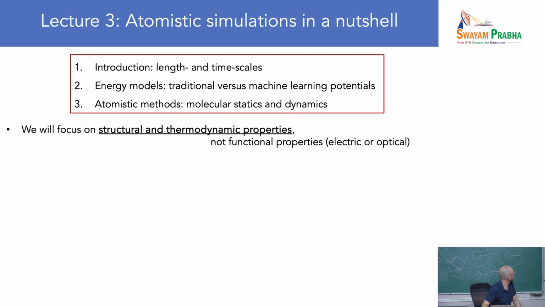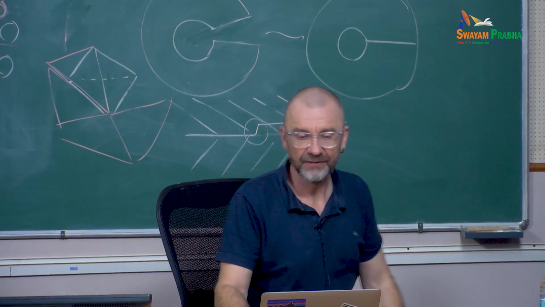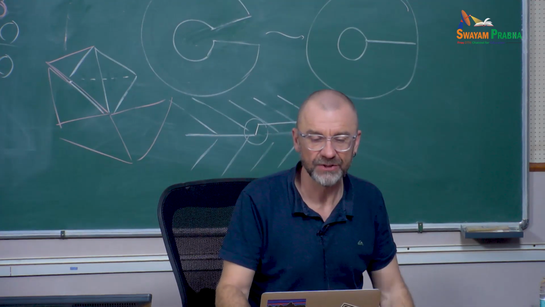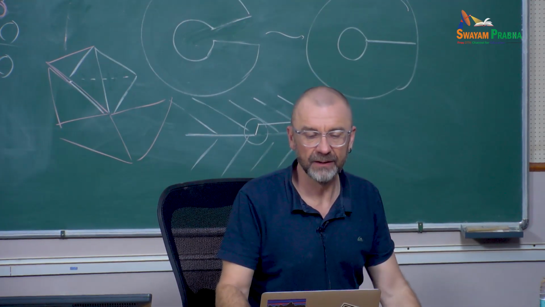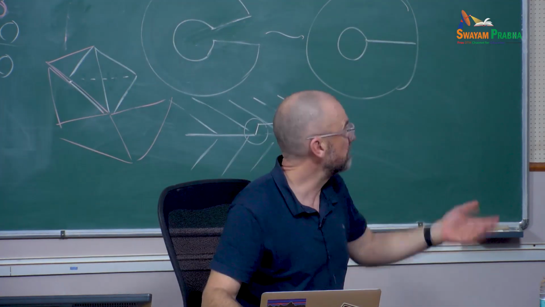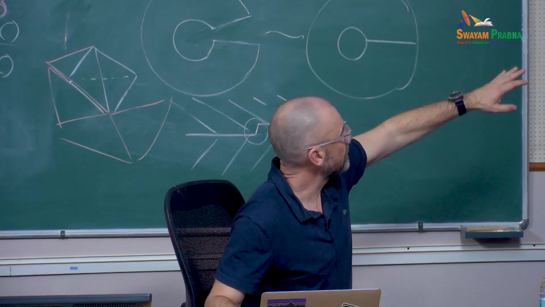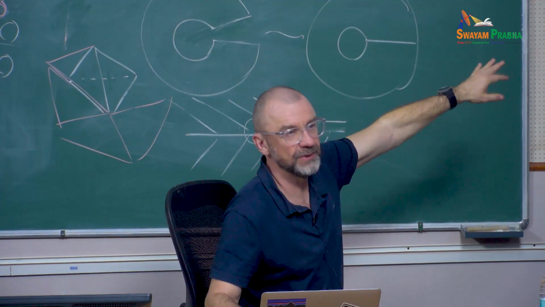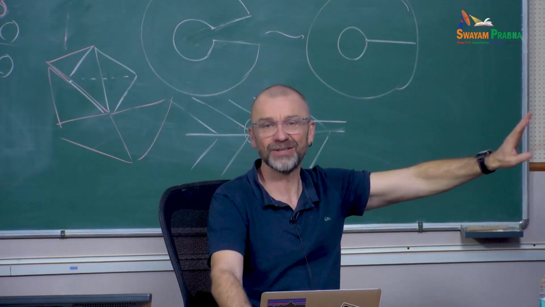So I want to talk about three things. First, the typical length and time scales that we have in material science in general and in particular in simulations. Then I want to say a few words about energy models. I'm not going to go into any details, so I just want to say a few words about traditional potentials, and then really very quickly about machine learning potentials. I could spend the whole week talking about machine learning potentials.